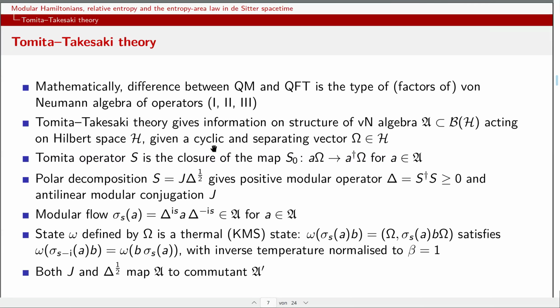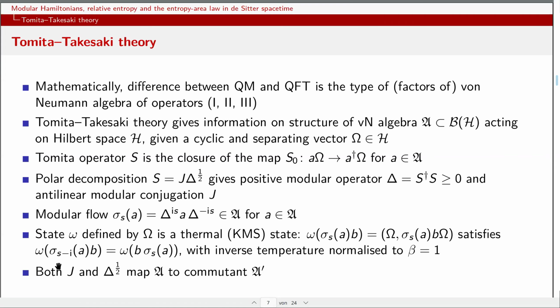Yes, but have you assumed that the state omega obeys this cyclicity? No, because it's coming out of this argument. So you come out with this periodicity. The KMS condition tells you that it's periodic in imaginary time.